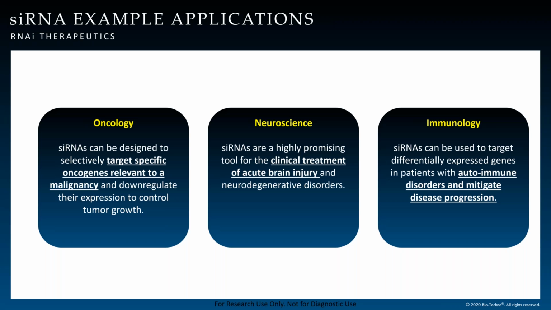For neuroscience, there is research and clinical applications to use as a clinical treatment of acute brain injuries, as well as neurodegenerative disorders. With immunology, siRNAs can regulate or induce an immune response to a particular immune disorder, or even target particular genes that are deregulated in autoimmune disorders, and in this way, mitigating the disease progression.